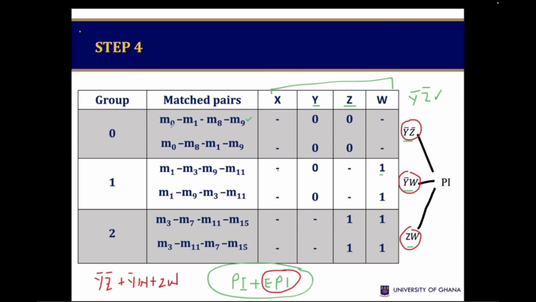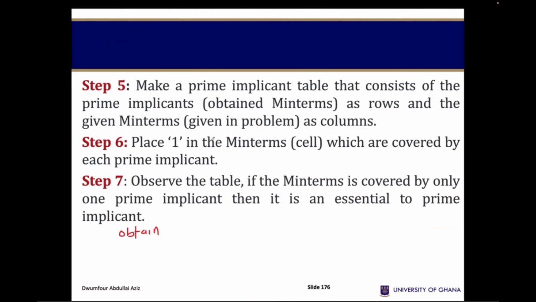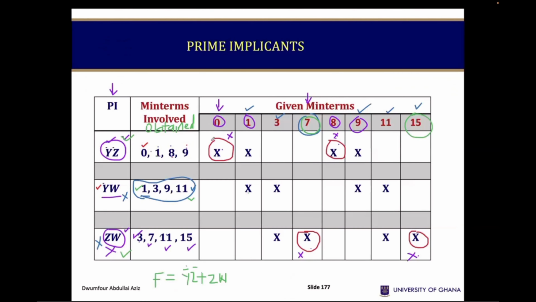M0, M1, M8, M9 correspond to this. M1, M3, M9, M11 correspond to this. M3, M7, M11, and M15 correspond to this. So these are the obtained mean terms, or the involved mean terms. The only thing is we are not writing them with the M's. We are only writing the mean terms as 0, 1, 8, 9.